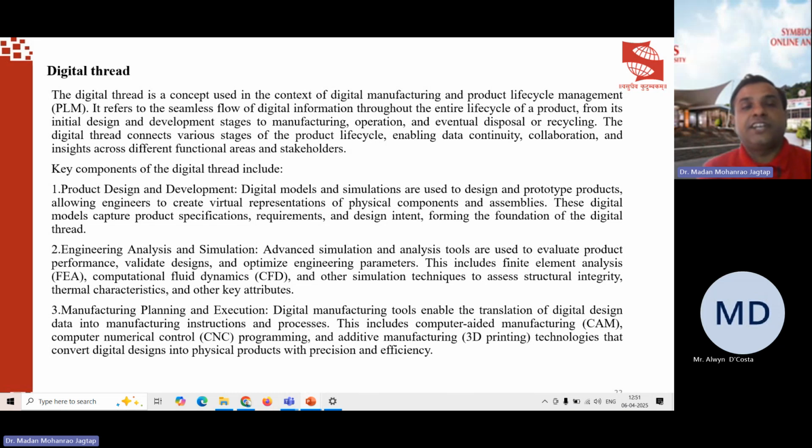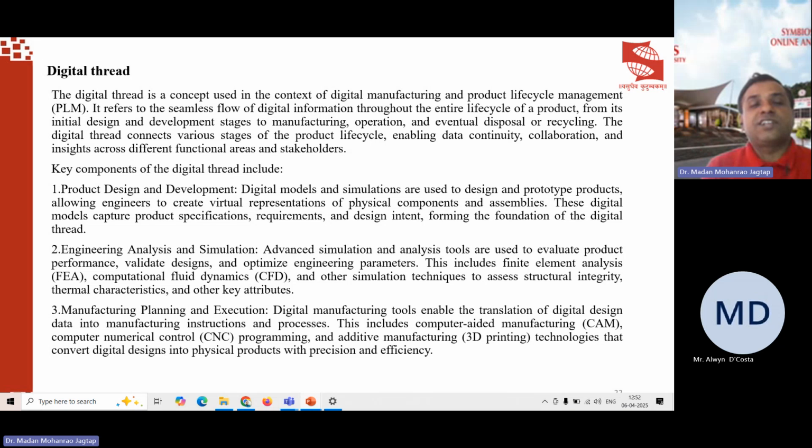So in product design and development, we have a digital model or a simulation that can be used for design and prototyping of the products. It allows engineers to create virtual representation of physical components and assemblies.